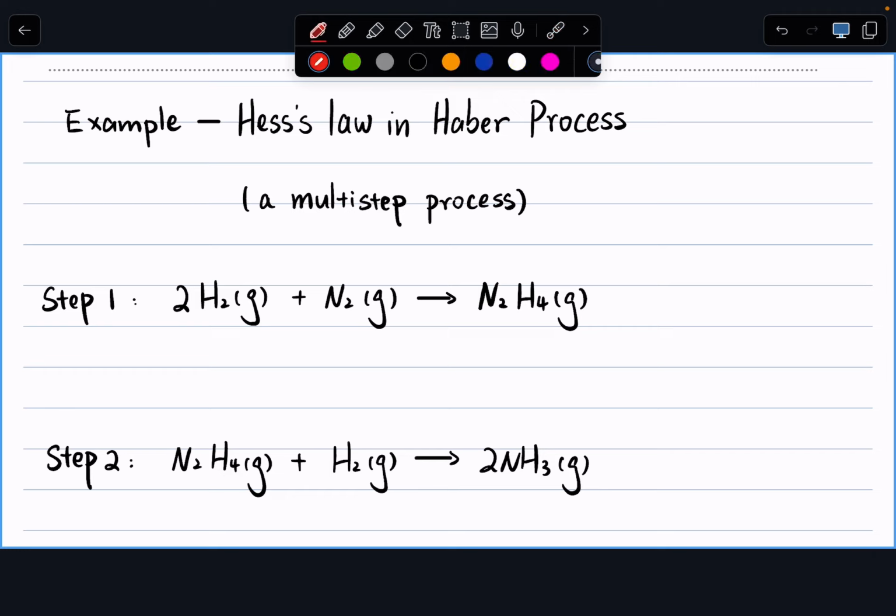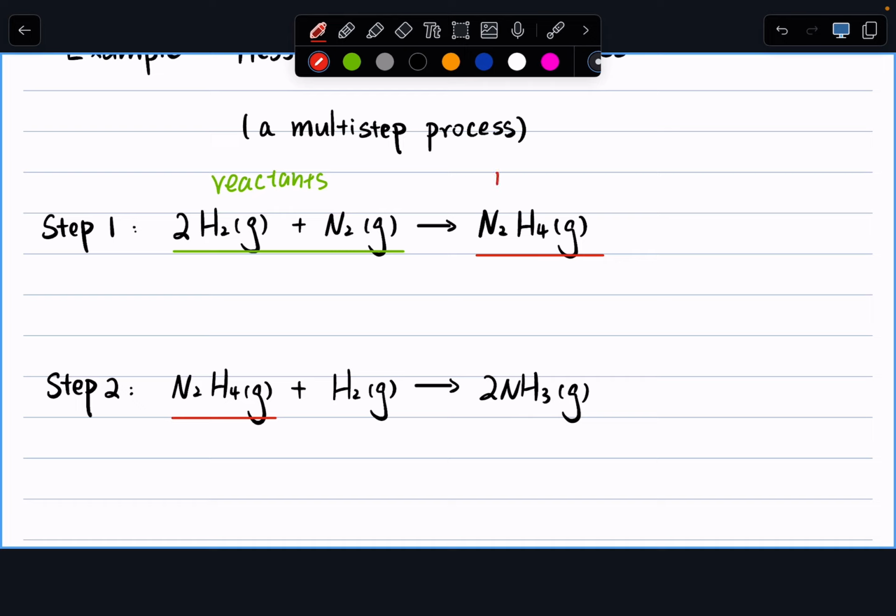In this process, the first step is we start from my reactants, hydrogen and nitrogen gas, and they form a molecule N2H4. Now, N2H4 will be subsequently used in the second step, and thus we call this an intermediate.